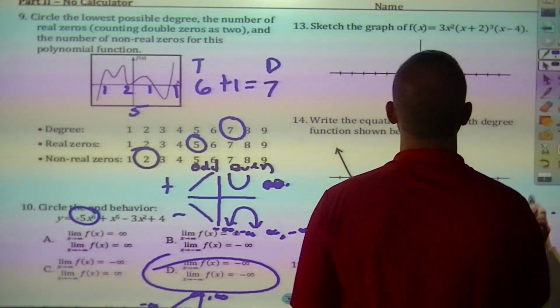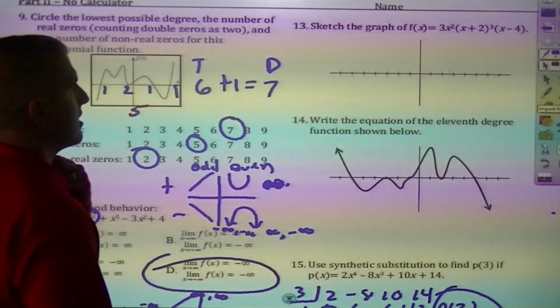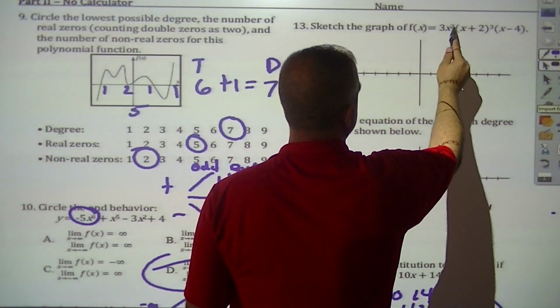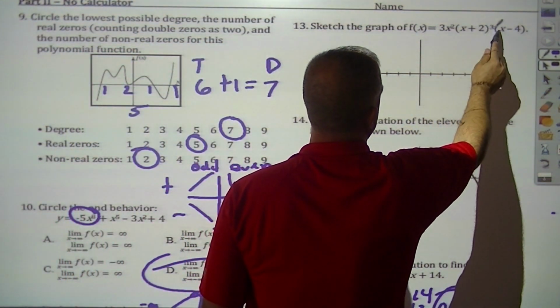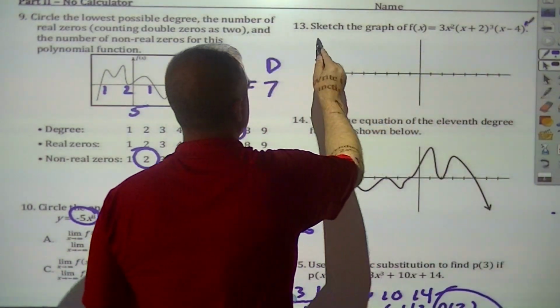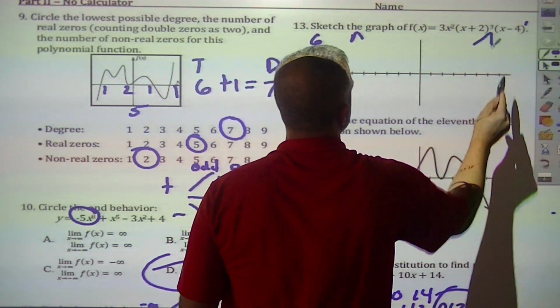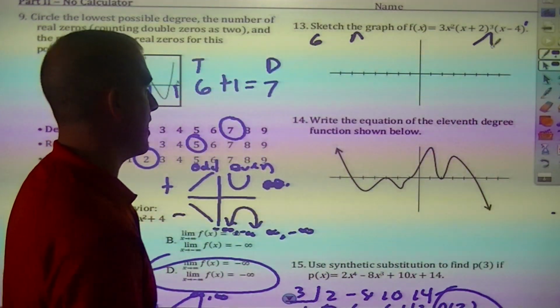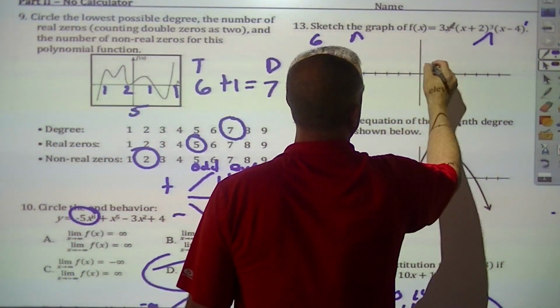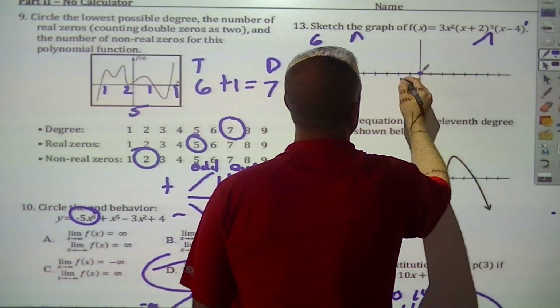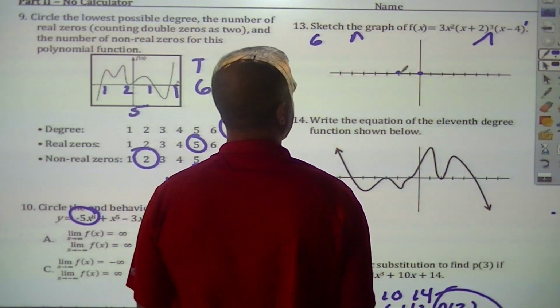Okay, let's go to these. Sketch this. What I've got to know is that's a degree of 2, a degree of 3, and a degree of 1. So it's a total degree of 6. This is positive, so my end behaviors are going to look like that. This solution here would be a touch at 0. This solution here would be a touch at negative 2.